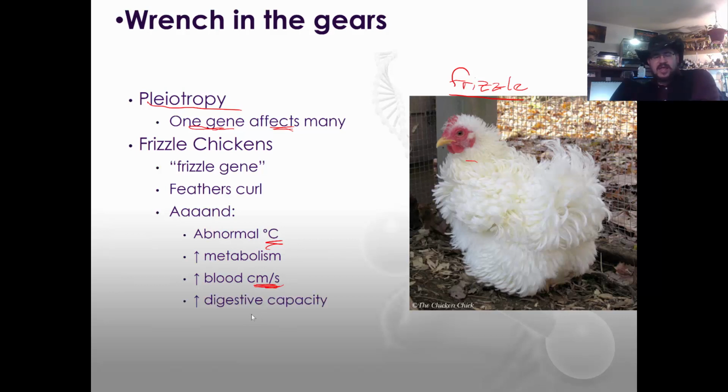An increased digestive capacity, but decreased egg-laying rates. So, pleiotropy, you have one gene, the frizzle gene, that affects not only feathers, but body temperature, metabolism, blood flow, digestive capacity, and egg laying. So one gene affects many different phenotypes.